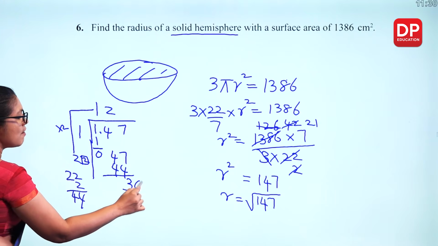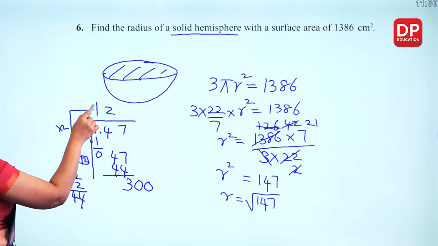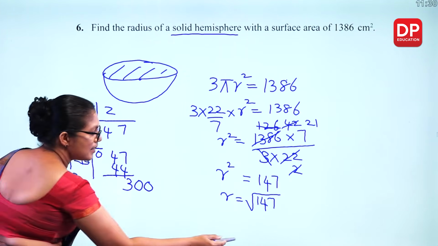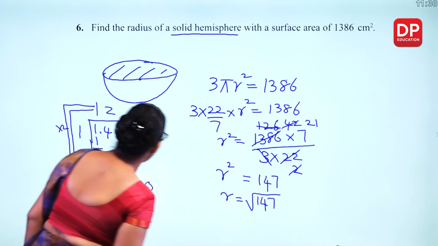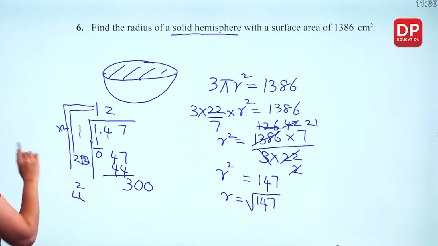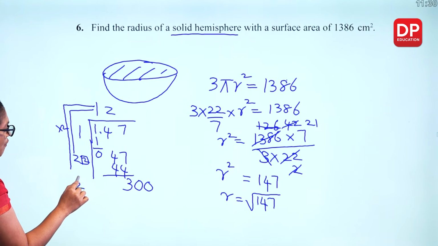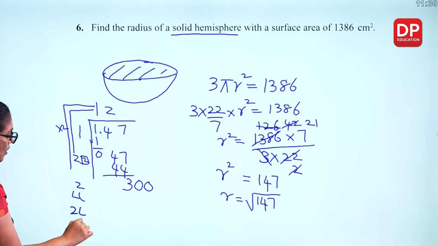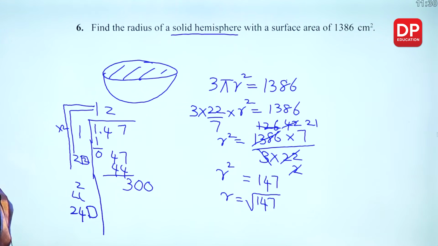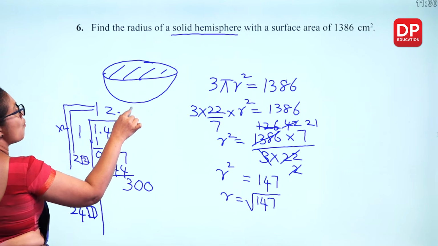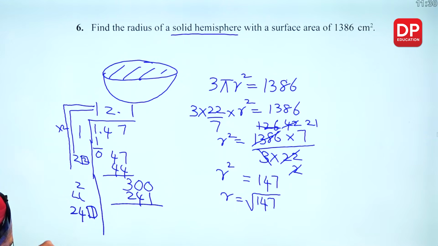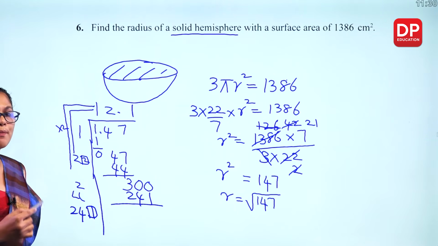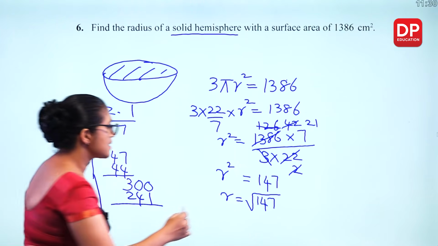So 3 remaining. For 300, first multiply this by 2. 12 times 2 is 24, so 240 something for 300. Definitely this should be 1. 1 times 241 is 241. So roughly the value is 12.1 centimeters.